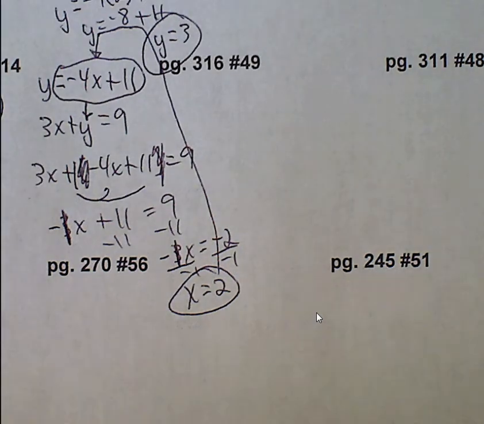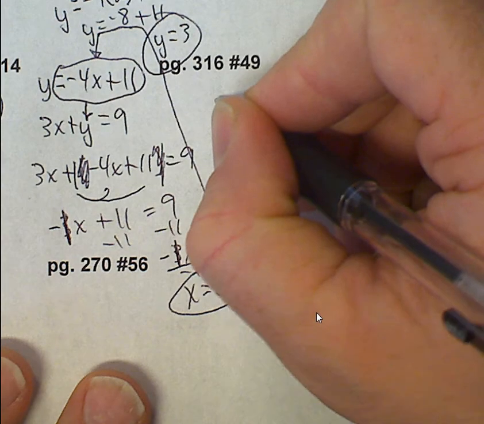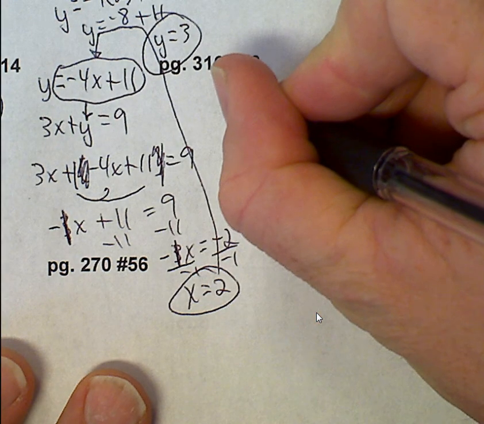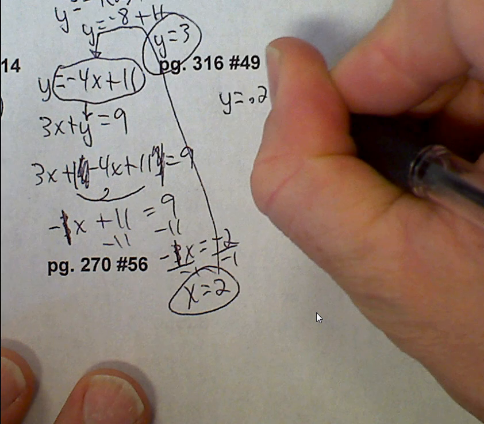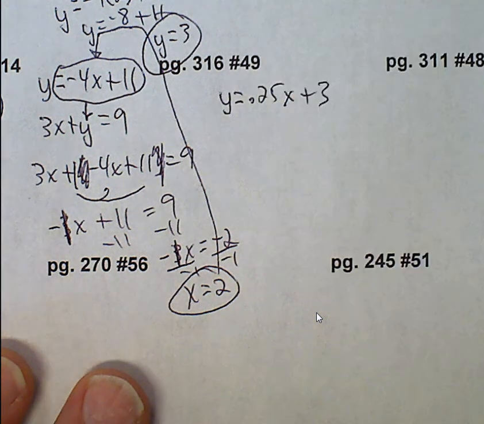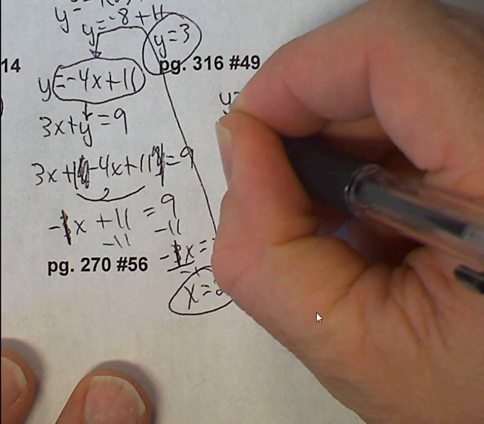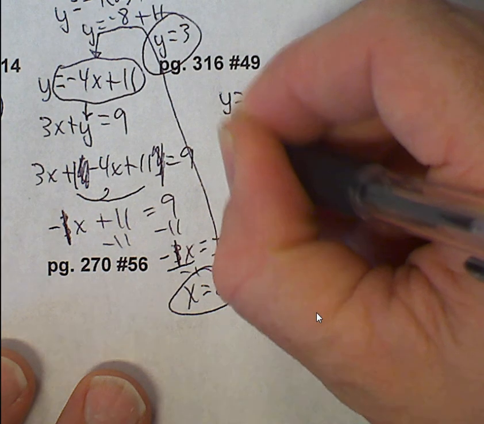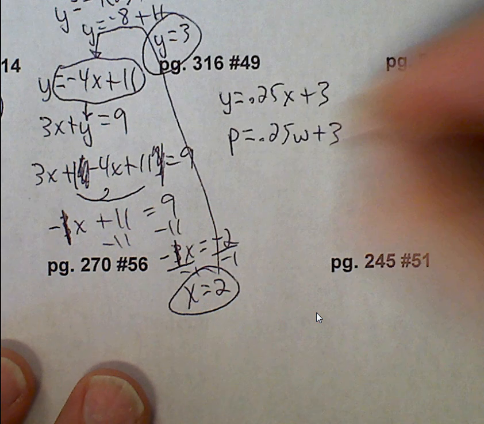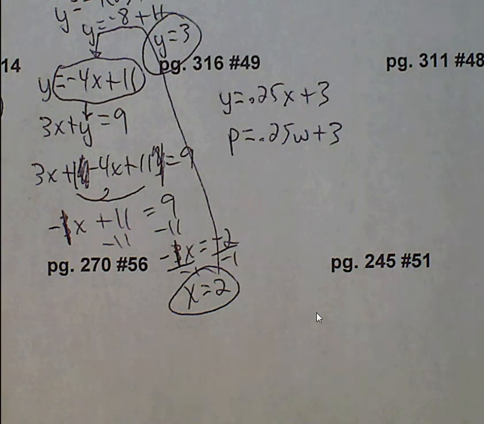Okay, so the first thing I have to do is identify my equation. So y equals, my slope has to be 0.25 per word, and the setup fee is plus 3. So this would be price, and my x would have to be per word. So I'm going to use this to figure out which one is accurate.